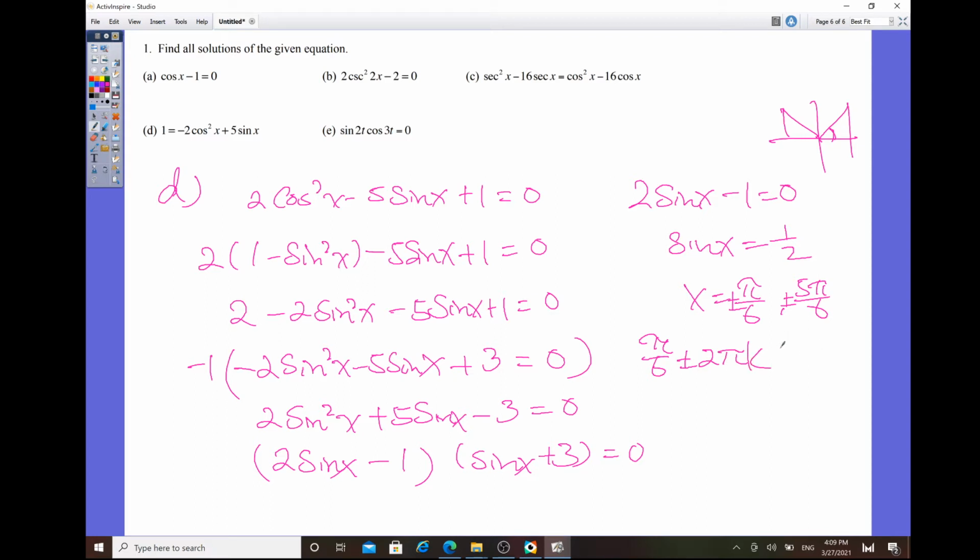And then in order to have another solution here, simply just subtract from pi, or 5 pi over 6 plus minus 2 pi k. Again, where k is any integer.